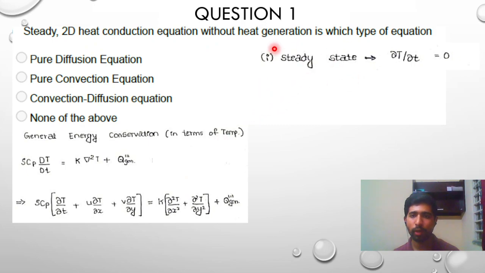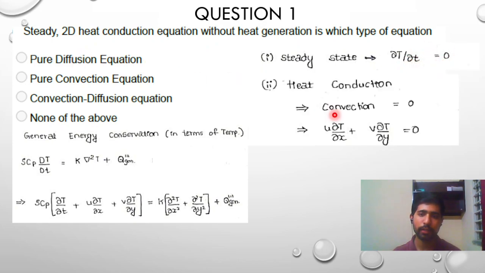Now the first condition is steady state, so capital ∂T/∂t goes to 0. That is the meaning of steady state. Now the heat conduction part, it is only heat conduction, so the convection is 0. So basically u ∂T/∂x plus v ∂T/∂y is 0. In reality it is just u and v being 0, so totally this part will become 0.